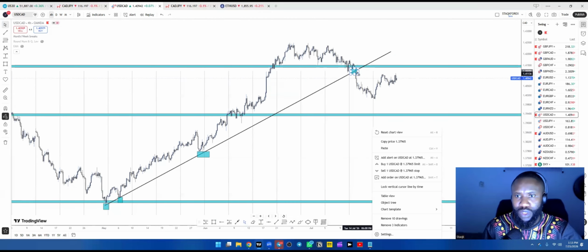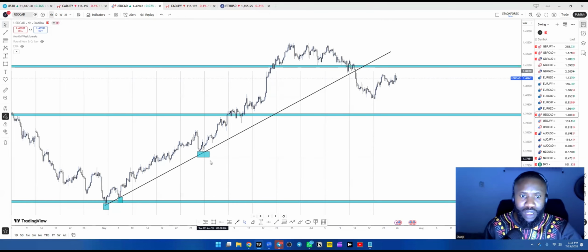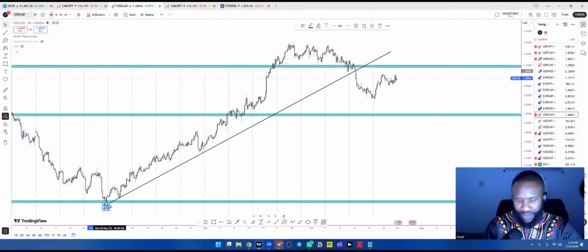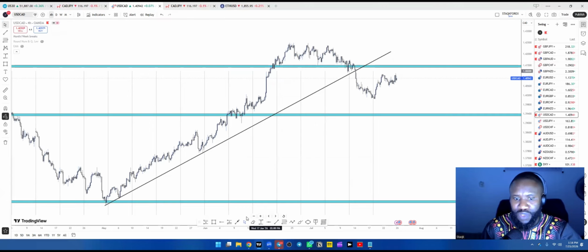So what I will be doing is waiting. I will patiently wait for price to move into this level. But there is another trick I will be showing you here. First, you see that we have a first leg here. The second leg is here already.